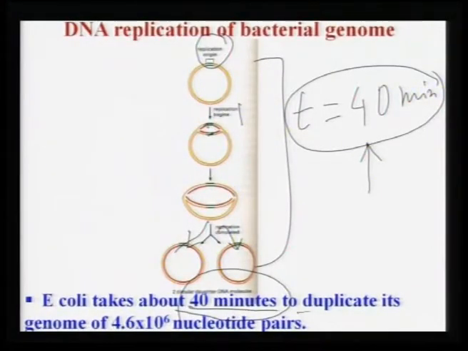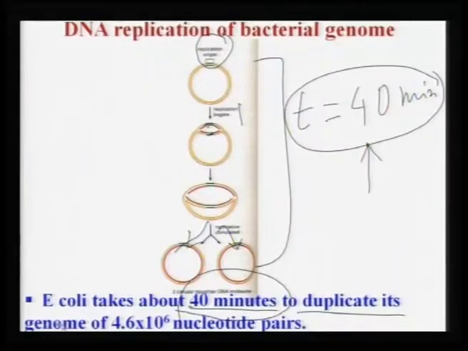And in this 40 minutes, as you can see here, it duplicates its genome of 4.6 into 10 to the power 6 nucleotide pairs. So, in this 40 minutes, a huge number of nucleotides are produced, of the order of 10 to the power 6.